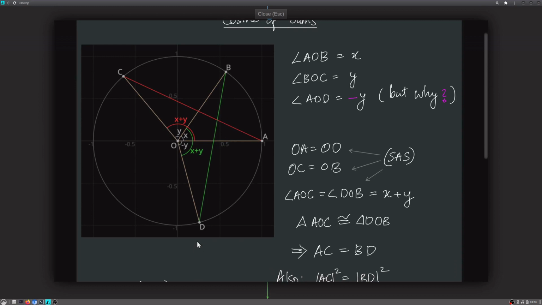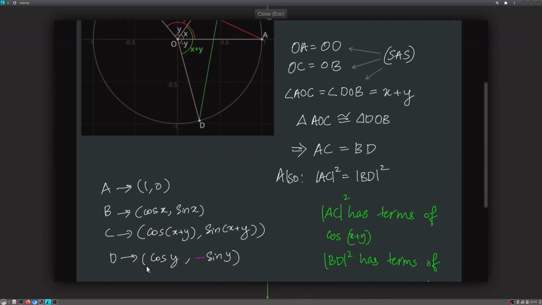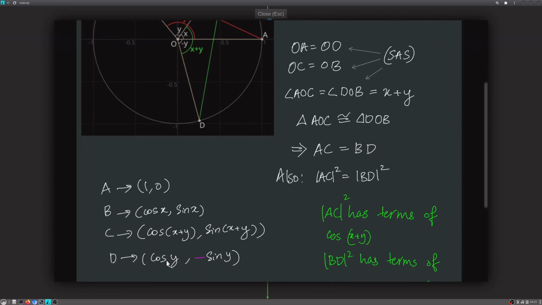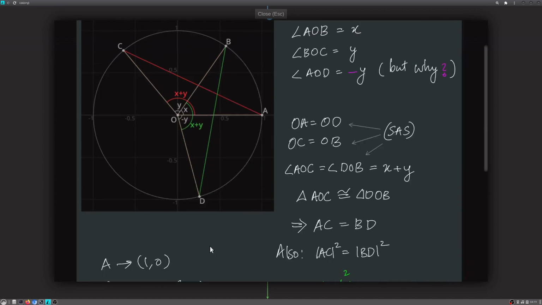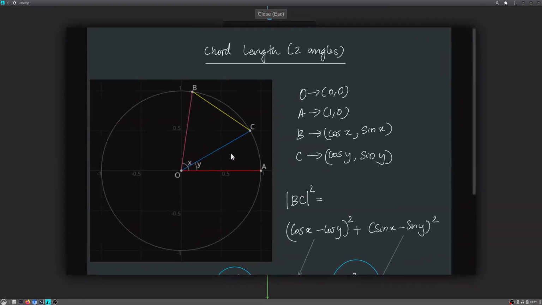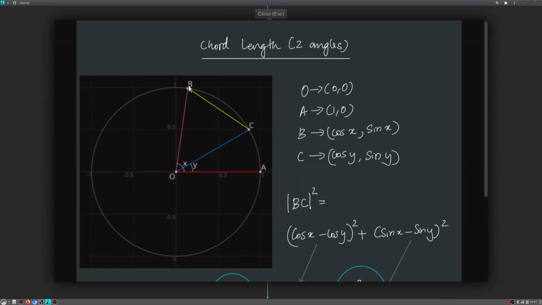And in terms of BD, B has cos X, sin X in it, and D has cos Y and sin minus Y in it, or minus sin Y. So this is the two angle case. When we compute BD, we have to use this result, where both points have angle terms in them.